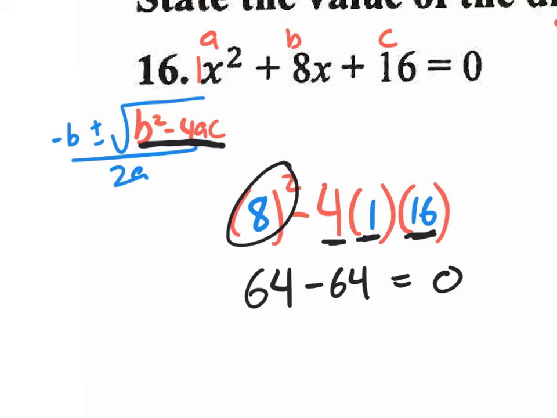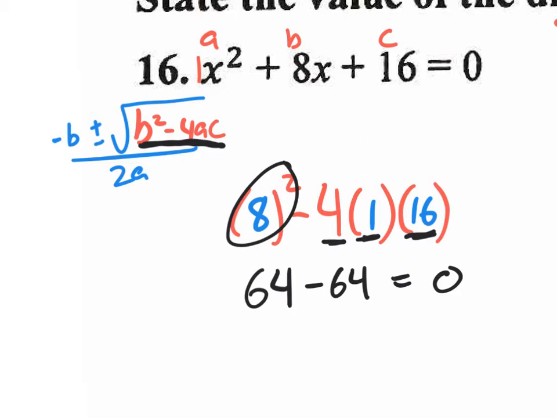What is the square root of 0? 0. Now if I add 0, does it change a number? No. If I subtract 0, does it change a number? No. So whatever you have for b and whatever you have for a down here, adding 0 or subtracting 0 is definitely not going to produce two different answers. It's going to produce the same exact answer.